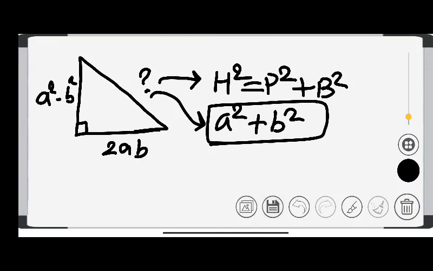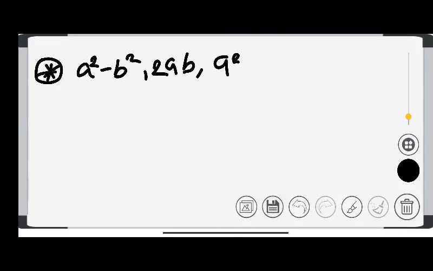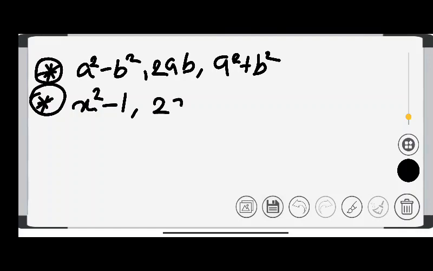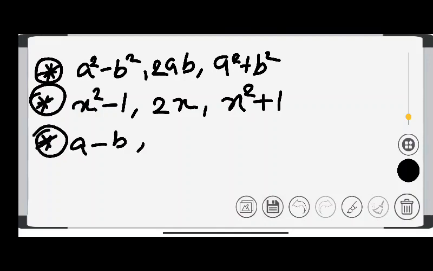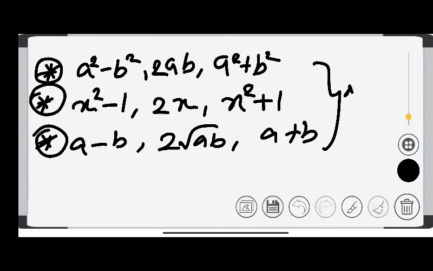This one is also a triplet: a square minus b square, 2ab, and a square plus b square. The second triplet is x square minus 1, 2x, and x square plus 1. The third triplet is a minus b, 2 root ab, then a plus b. These are also triplets in algebraic form, and they are also important.